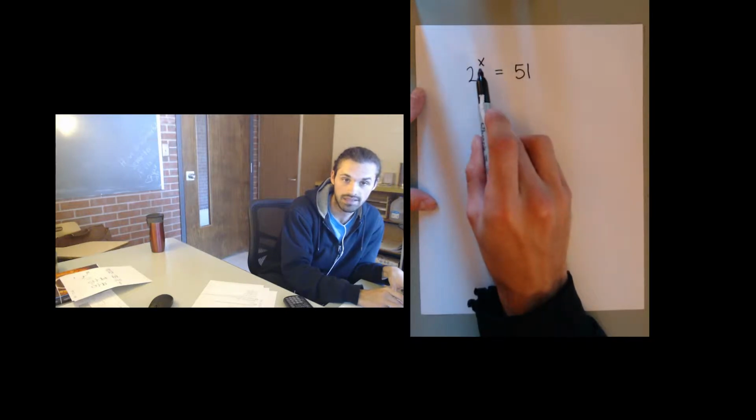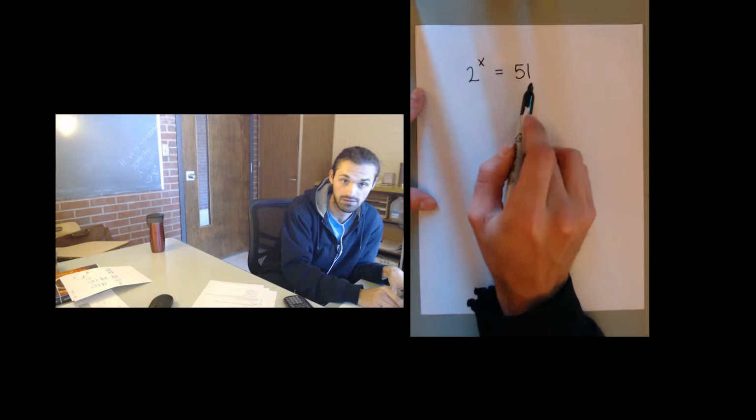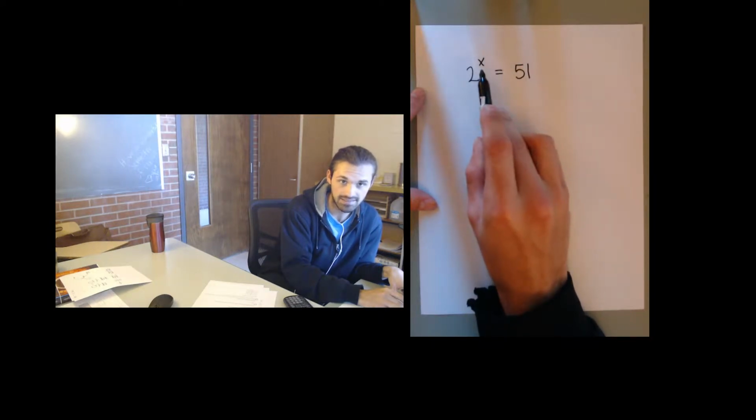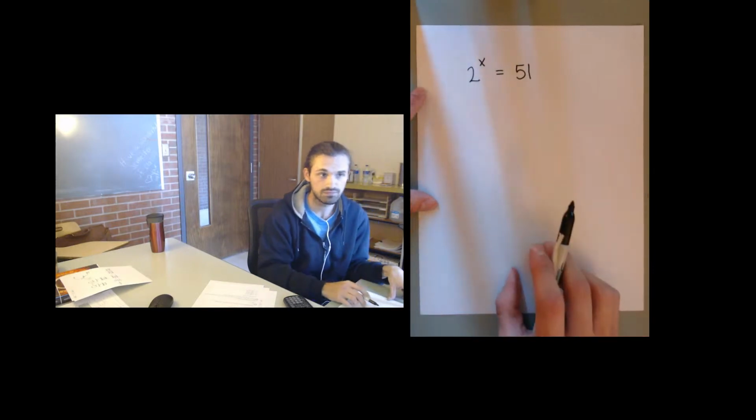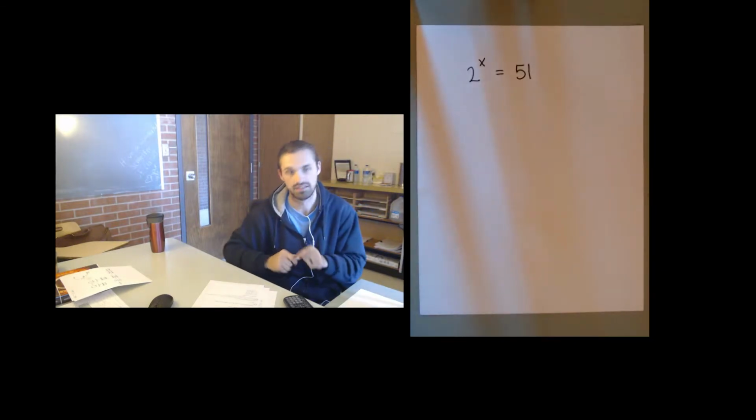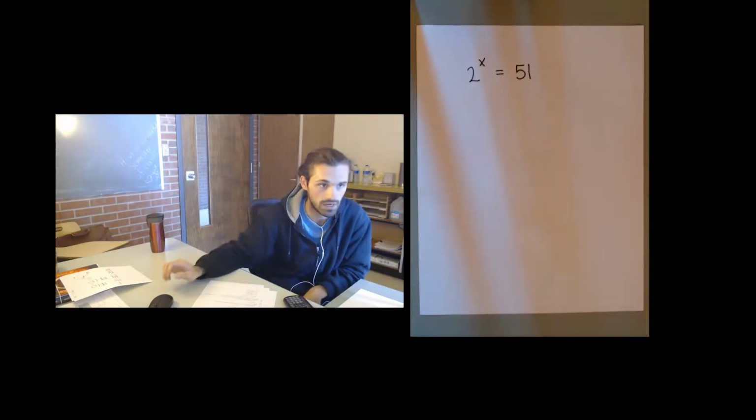Now I know this number is not going to be an integer. It's not going to be a clean, nice number. That's because 2 to a clean, nice number is equal to an even number. 51 is odd, so I expect something not so friendly when I solve for x.